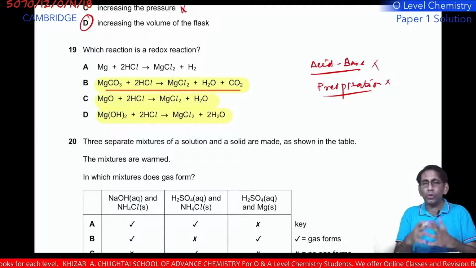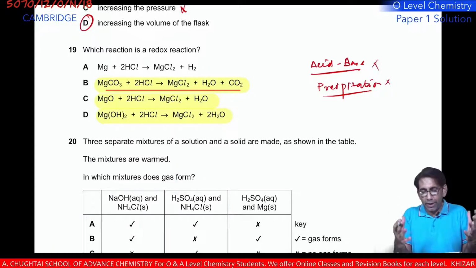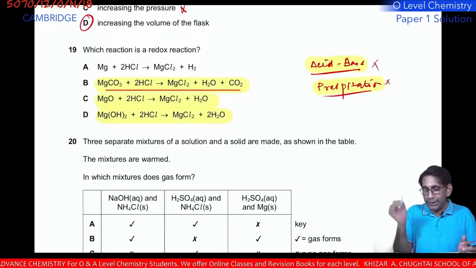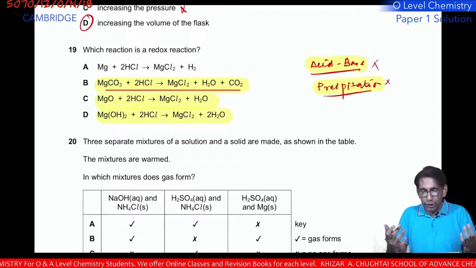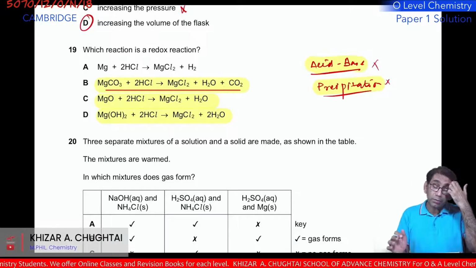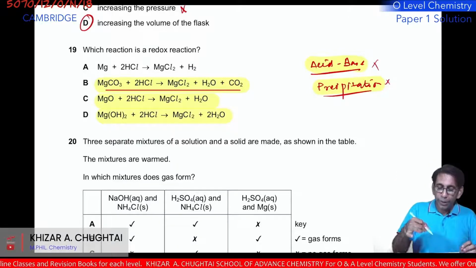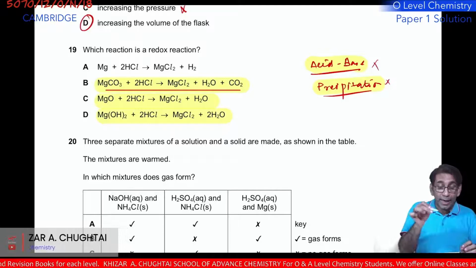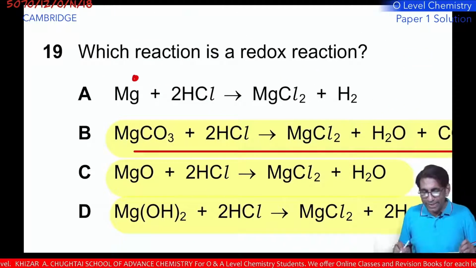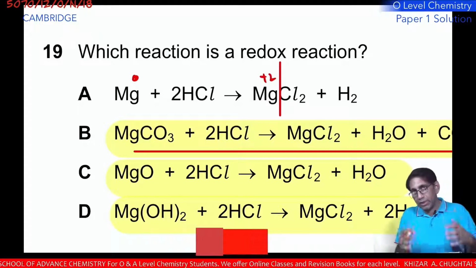This is a shortcut to diagnose which equation can be redox. The first test is just to check for acid-base and precipitation reactions. Those equations represent acid-base or precipitation reactions, and they will not be redox. So there is only one equation left over here, and I'm going to check it. Magnesium has 0 oxidation state. In this case, magnesium has +2 oxidation state.